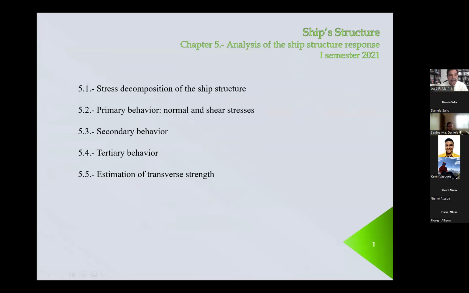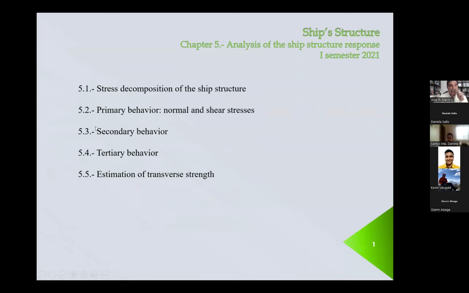So these are the 5 points for this chapter. Okay, we're going to start today, and in general, the structure of a ship is a very complex structure, very complex. Loading, the structure itself, geometry is very complex.